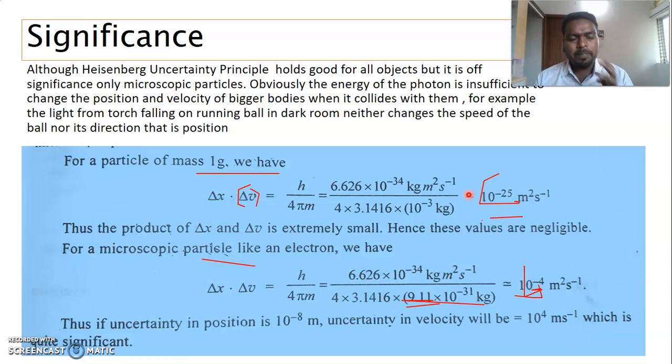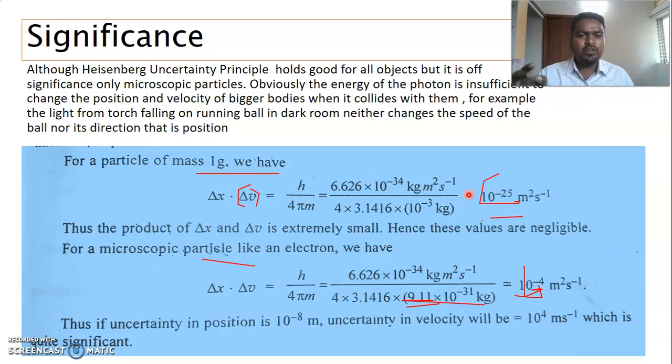For example, apply the same situation to a tennis ball. To identify the position of an electron through a microscope, you pass light on it, and the electron's velocity gets changed.